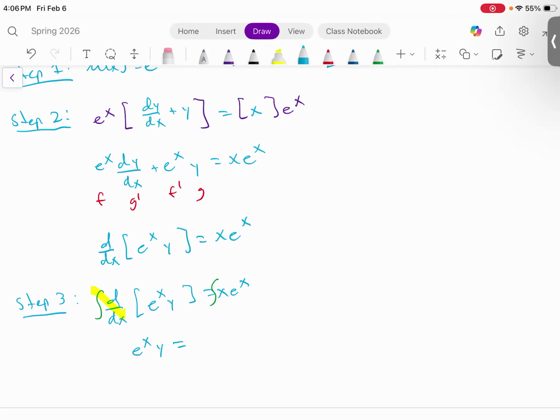We could go through this and integrate by parts x times e to the x, but we previously showed in example 2 that the integral of x e to the x is just x e to the x minus e to the x plus c.